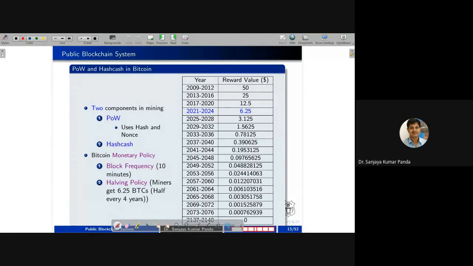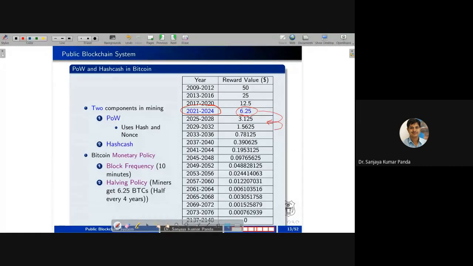But if you go for this halving policy, the miners get 6.25 bitcoins upon validating a particular transaction. For example, here you can see this block period is for 4 years, 2021 to 2024. The reward value is 6.25, and you can see that the reward is again divided by 2 in the next block period.